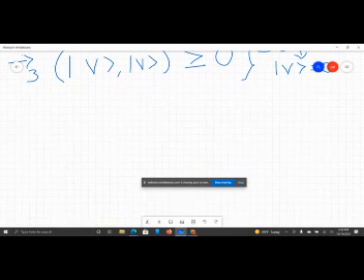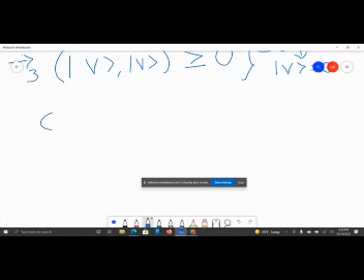So the inner product is defined very specifically on Cn, which is the general complex vector space. And Cn is what is known as an inner product space.